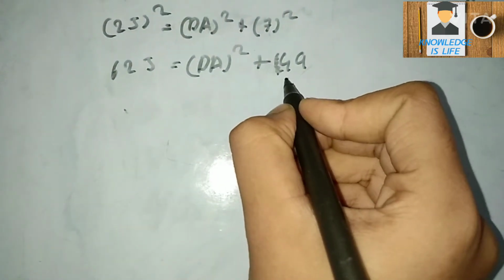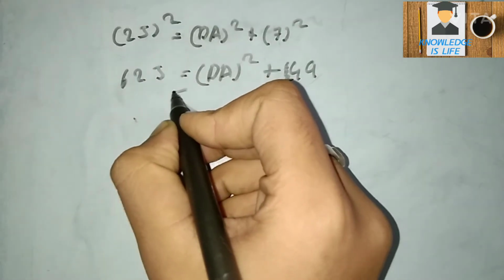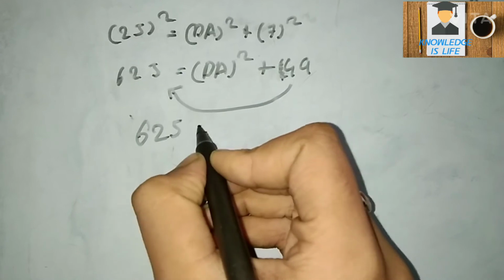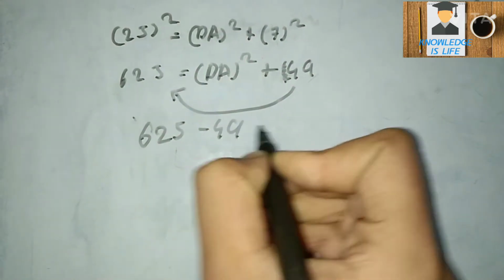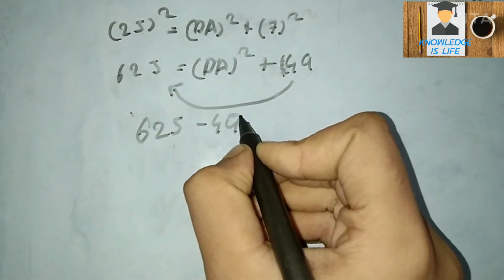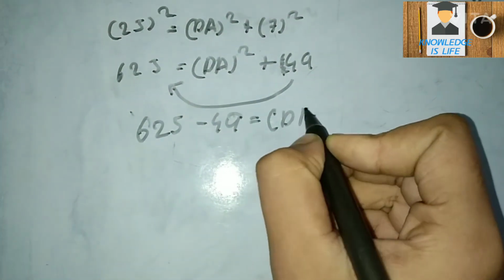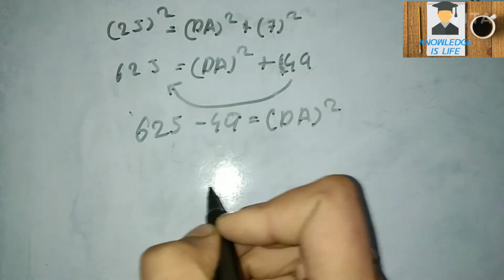So we will take this 49 after crossing the bridge here. So 625 minus 49 equals DA square.